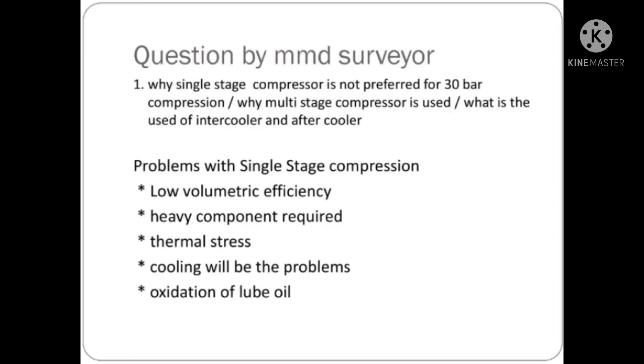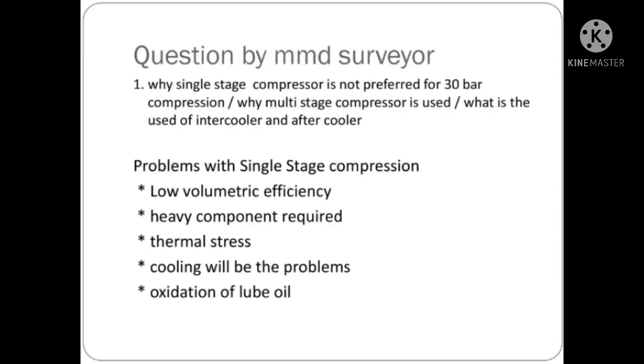So when the air is compressed and the piston is at TDC, some of the air is trapped in the clearance volume. Now this 30 bar air will try to expand when the piston moves from top dead center to bottom dead center, and this expansion won't drop the pressure below atmospheric pressure, so fresh air will not come inside for compression, thereby reducing the volumetric efficiency.